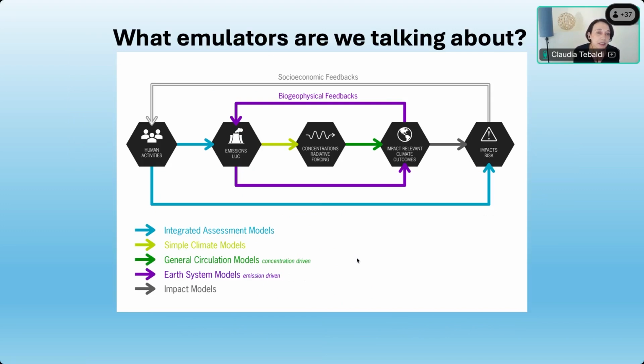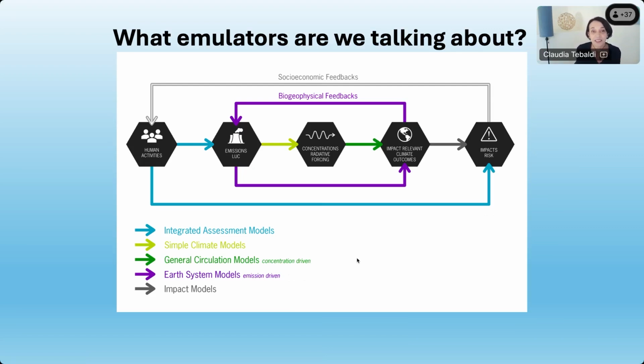So we are trying to clarify what our interest is by this diagram that portrays the flow of information, or if you want, the stages of modeling when we try to connect human activities, human systems to Earth system outcomes and vice versa.